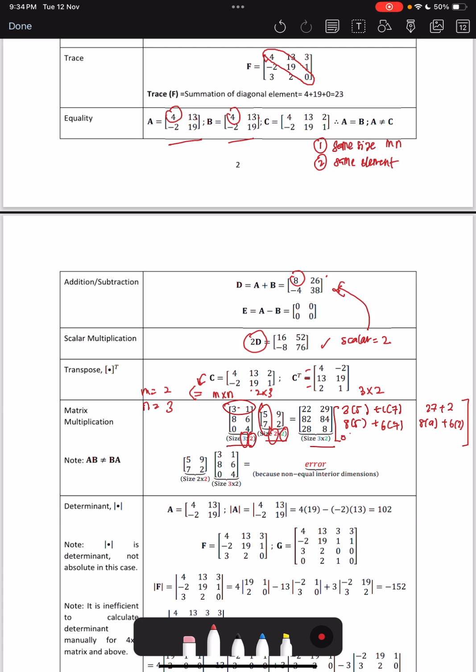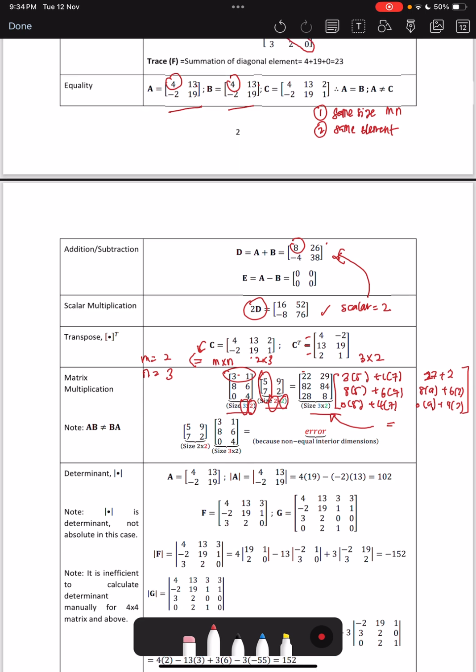And then 0 times 5 plus 4 times 7, and 0 times 9 plus 4 times 2. So at the end, that is why you get this answer: 15 plus 7, 22, 27 plus 2, you get 29, and so on.